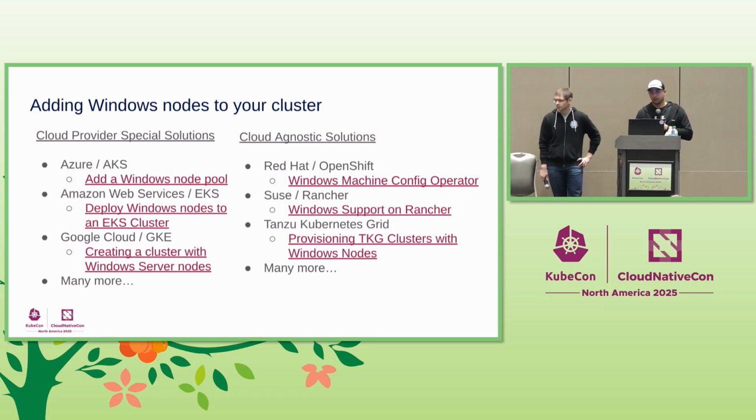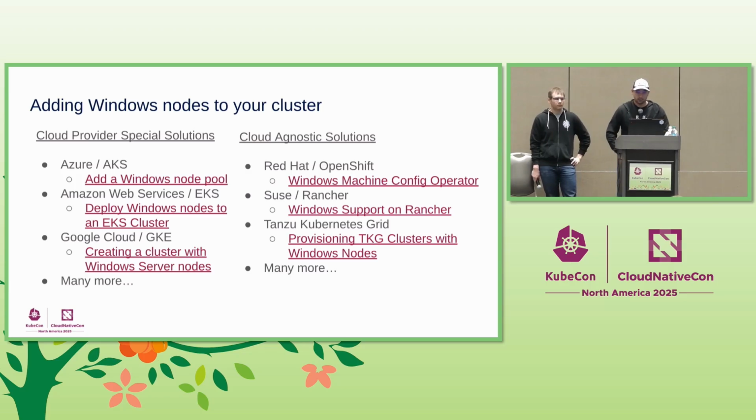On the other hand, if you are looking for a more cloud-agnostic solution, you can go with the Red Hat offering inside the OpenShift cluster. You could install the Windows Machine Config Operator. That will give you the ability to have a Windows node, no matter what platform you have or deploy the OpenShift cluster on. There are similar alternatives from Rancher, Tanzu, and many others that probably won't fit in this slide.